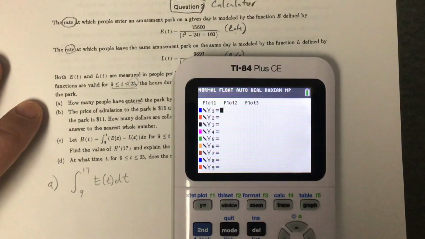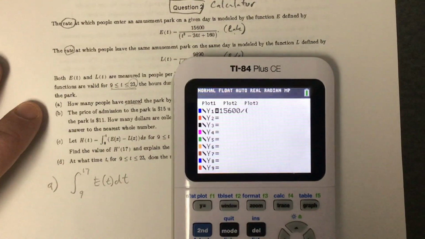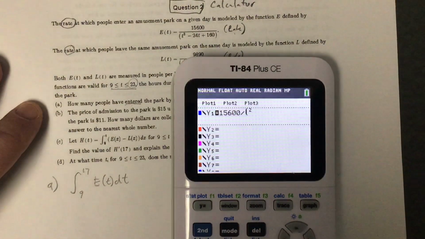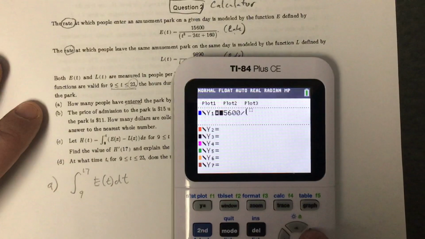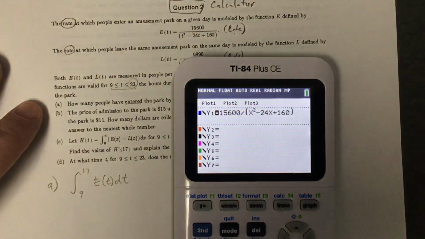I would have 15,600 divided by, make sure we're using parentheses, x squared minus 24x plus 160.